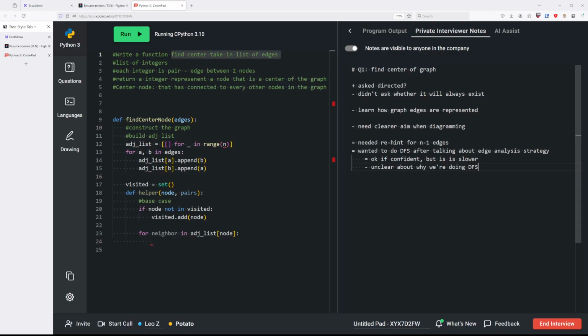We're searching for the center in this case, the node that is connected to every other node in the graph. Okay, that's the base case.